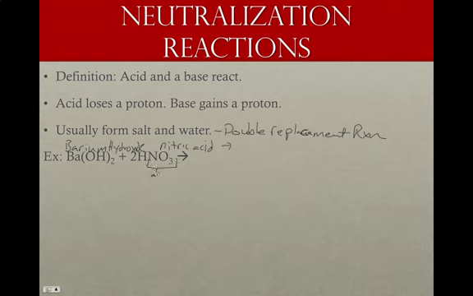So the nitrate is going to switch places with the hydroxide, giving us barium nitrate plus hydrogen hydroxide.